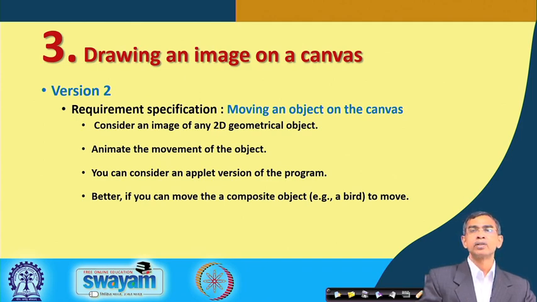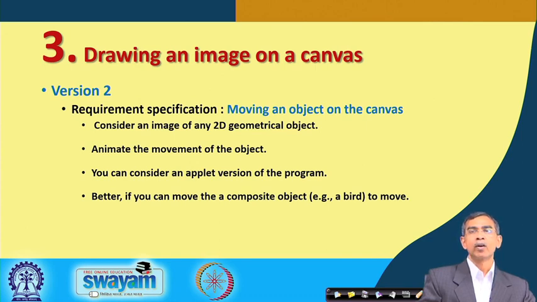Later on the same thing can also be added into any frame or panel or any other container class using AWT or Swing. A better idea, which is a little bit difficult but not so very difficult, is that moving a geometric object is easier, but you can also move a composite object, that means a group of objects, maybe one circle and another box moving together.